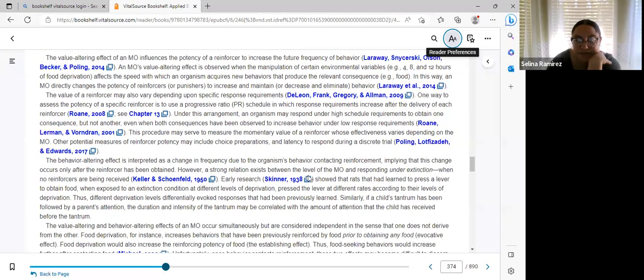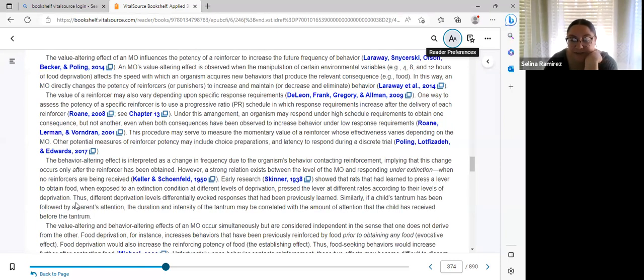Okay. Early research, Skinner, 1938, showed that rats that had learned to press a lever to obtain food when exposed to an extinction condition at different levels of deprivation pressed the lever at different rates according to their levels of deprivation.